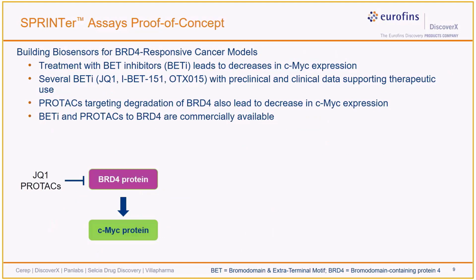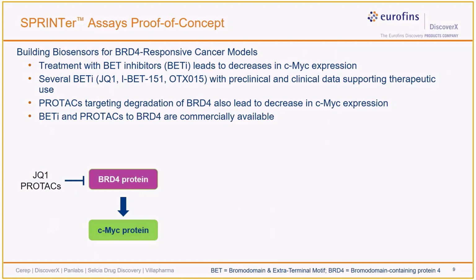As a proof of concept, we chose to build a BRD4 biosensor in disease cell models. BRD4 and its downstream effector are well studied, and reagents targeting BRD4 are commercially available. BRD4 belongs to a class of proteins called bromodomain and extraterminal motif, or BET.